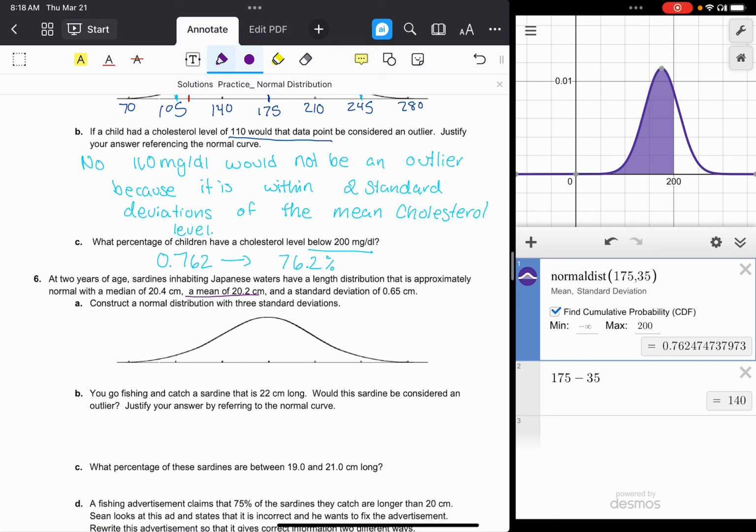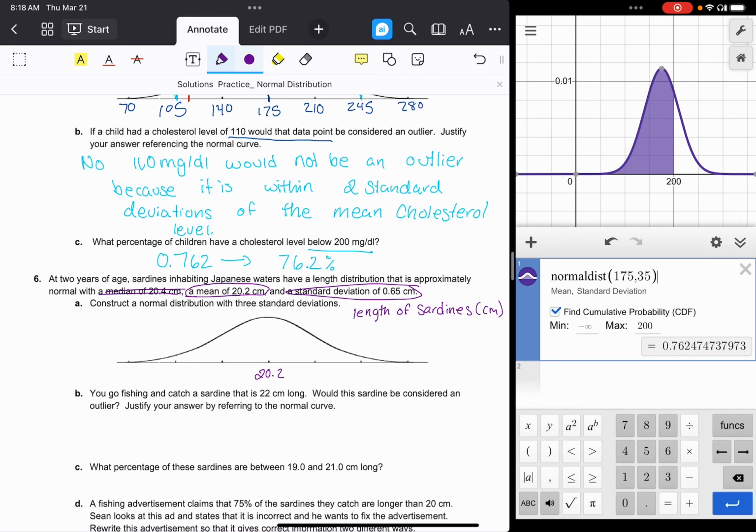So again, we just need the mean and our standard deviation. The median is just extra information we don't need. And so this is going to be length of sardines in centimeters, just sort of label.